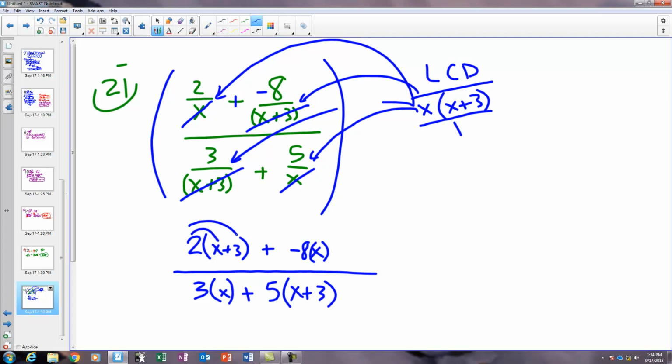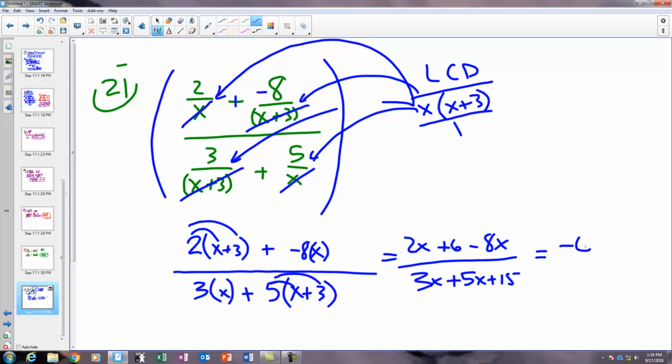As I distribute, I'm going to get 2x plus 6 minus 8x over 3x plus 5x plus 15. Now I just combine my like terms. It's going to give me negative 6x plus 6 all over 8x plus 15.